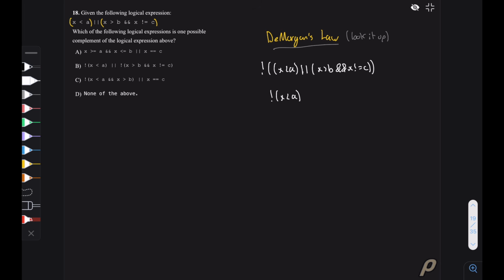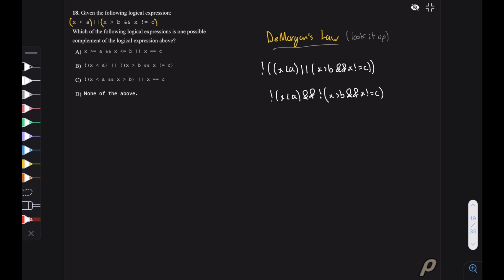One of the more important things of De Morgan's law is that anytime we have a not, we flip all of our ors to ands, and we flip all of our ands to ors. So this or is going to turn into an and. Similar to how you would do math, we put this complement on the outside of this entire thing, so we haven't actually touched the inside yet.